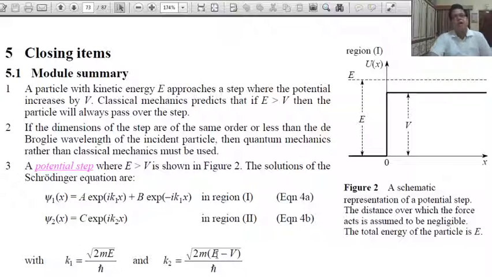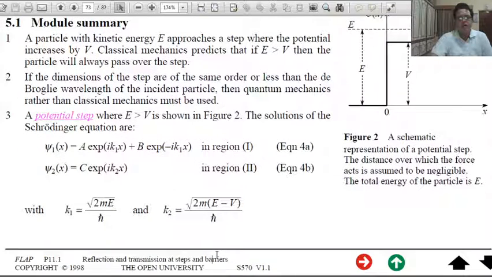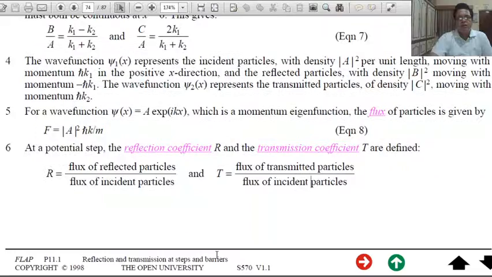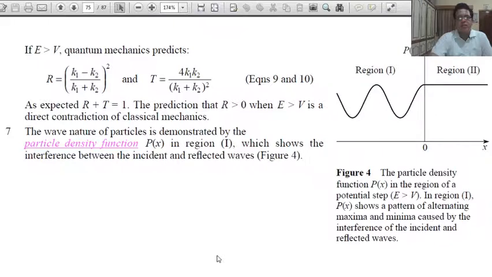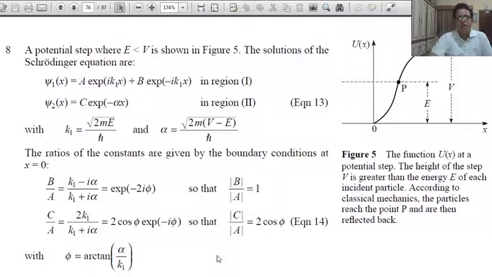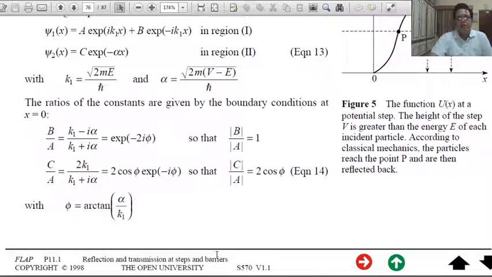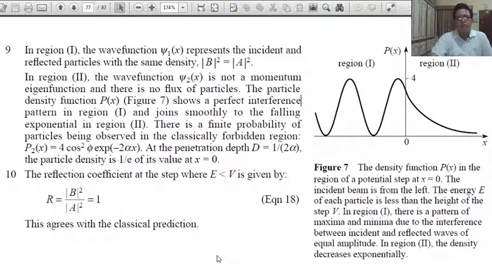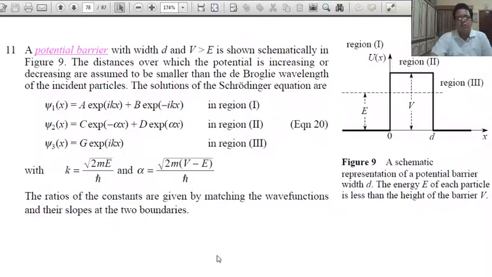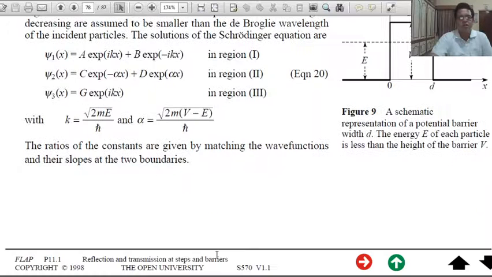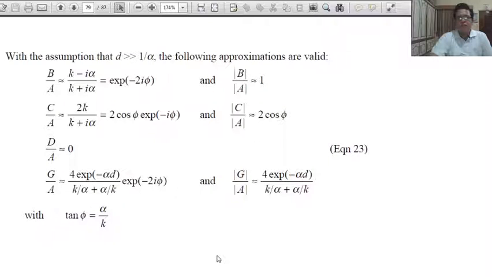So these are the closing items, that means the module summary. The whole module is about the potential step and barrier. We already studied the potential step. These are the formulas for potential steps, and from point 11, potential barrier relations are shown in the summary.